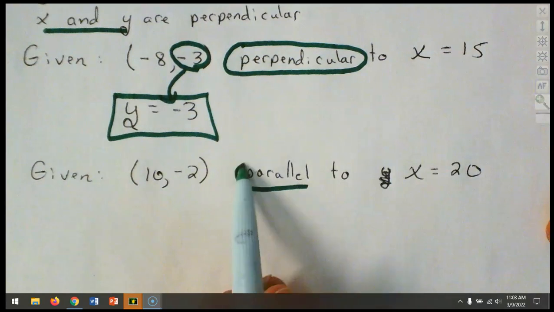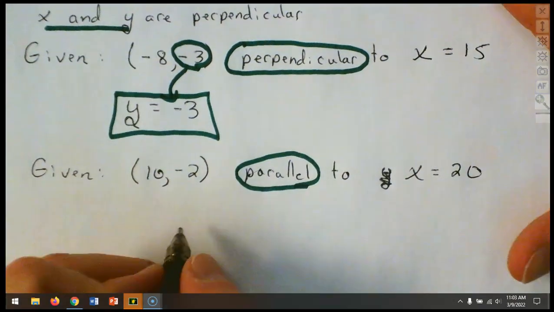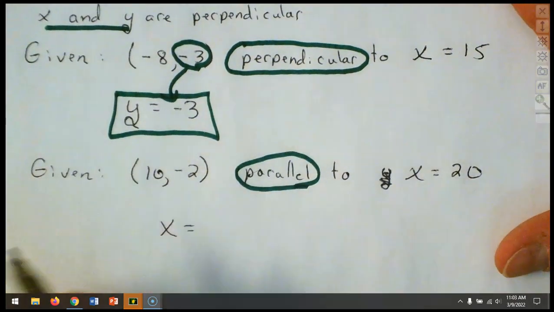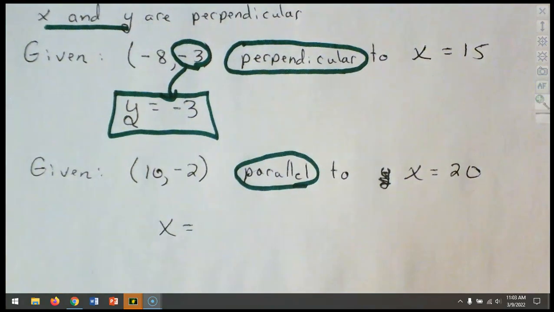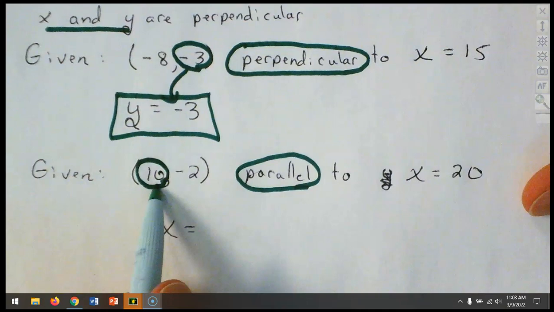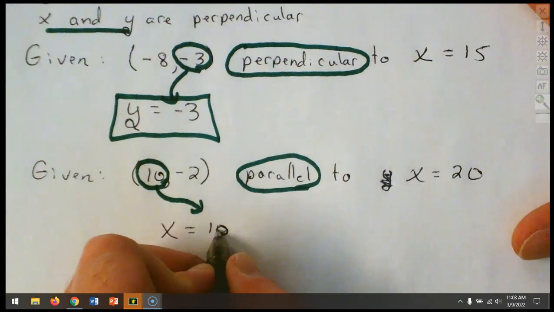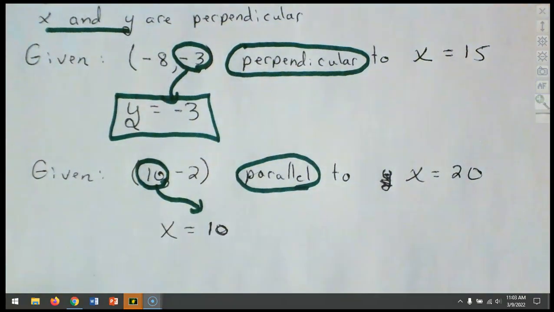And what does parallel mean? Parallel means the same. So we've got an x, so the same as an x would be another x. And then what's the x component of our ordered pair? Remember, the x component goes first, so that's your 10. So what would this now be? This would simply be x equals what? X equals now 10.